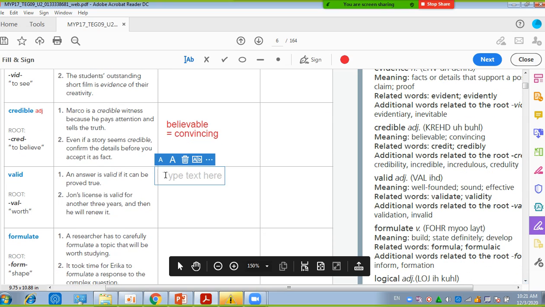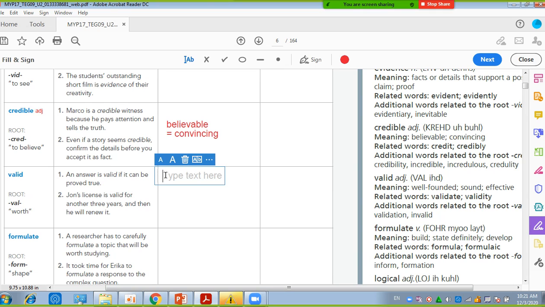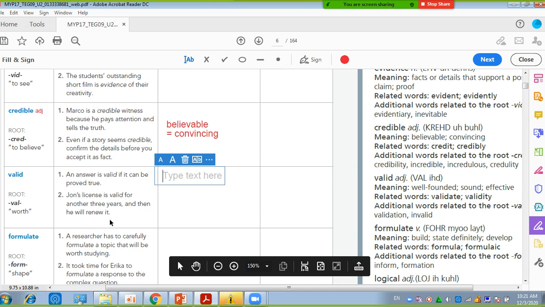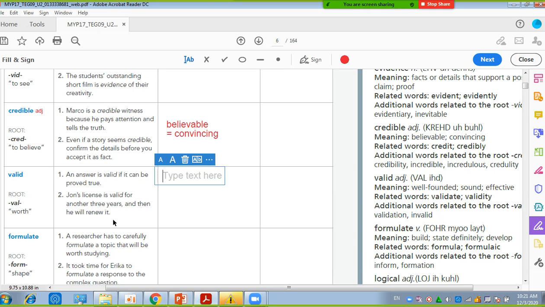The second one, John's license is valid for another 3 years and then he will renew. You know that if you can drive, you should have something called a license, and this license has to be valid if you want to drive without any trouble. If it's not valid, it means that it needs to be renewed. Some licenses are renewed every 3 years, some every year. Anyway, valid here, what part of speech is it? It's an adjective.